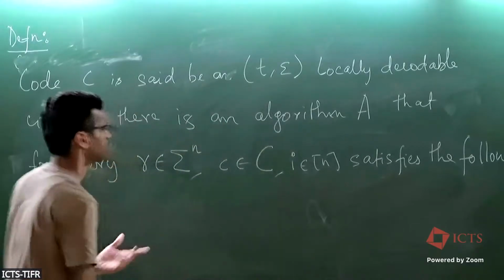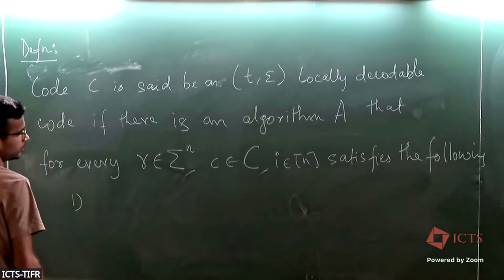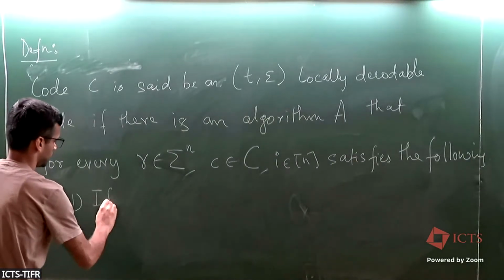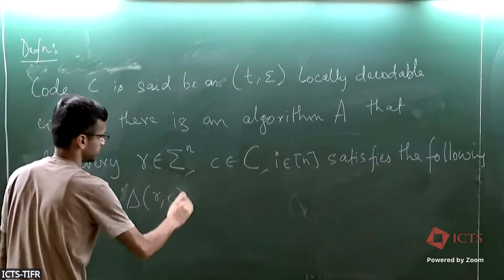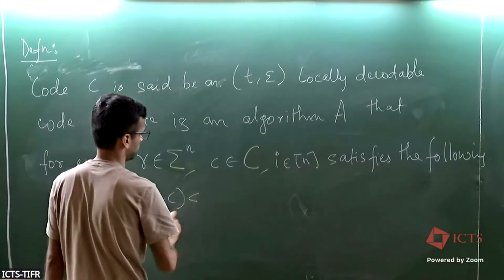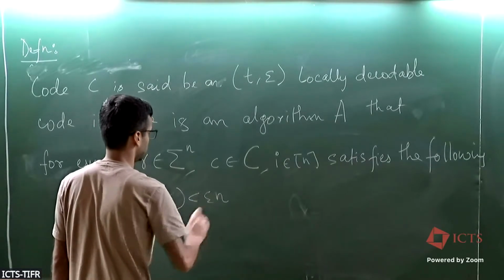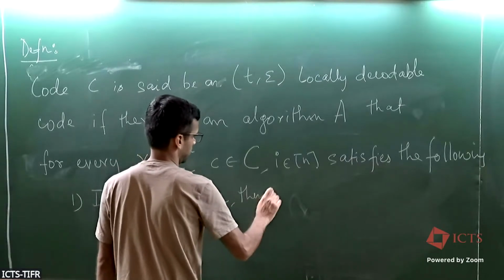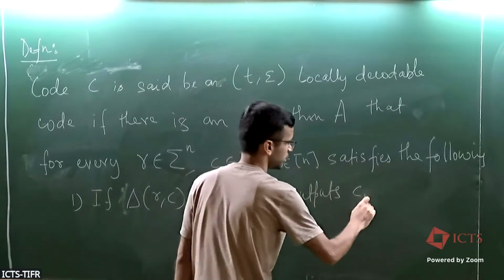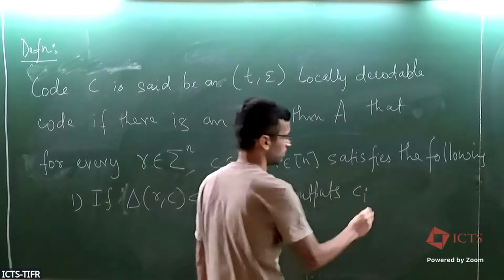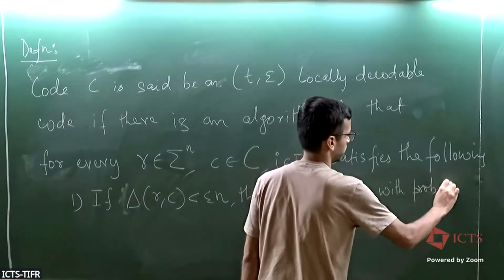There are two things that the algorithm has to satisfy. The first thing is that if the distance of R from C is small, so it's less than epsilon n, then A outputs C sub i, the ith coordinate of the code word, with, let's say, probability 0.9.